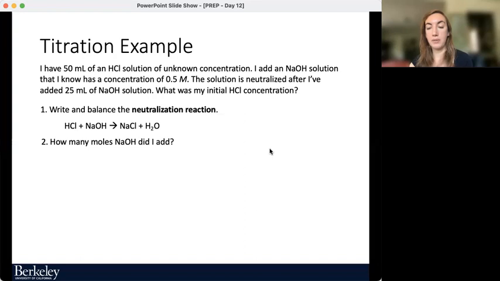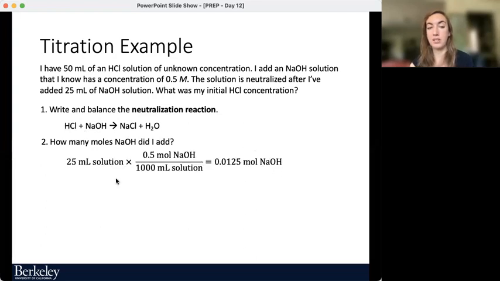The next thing I want to figure out is how many moles of NaOH did I add? So I want to figure out how much NaOH I added so that I can figure out how much HCl I had to start out with. So I added 25 milliliters of my solution, and my solution is 0.5 molar, which means it has 0.5 moles of NaOH per liter of solution.